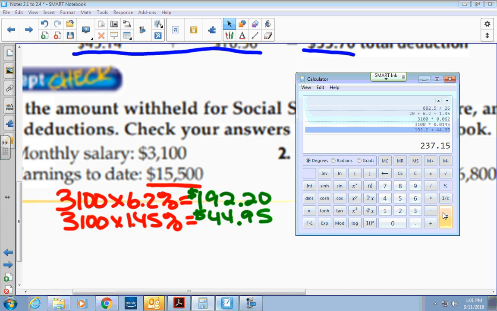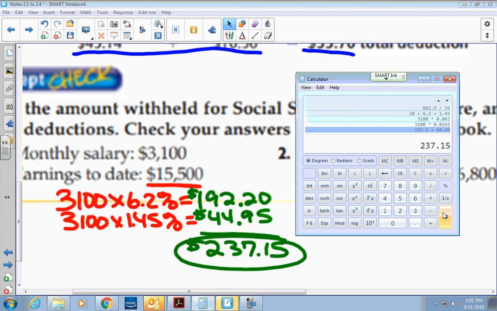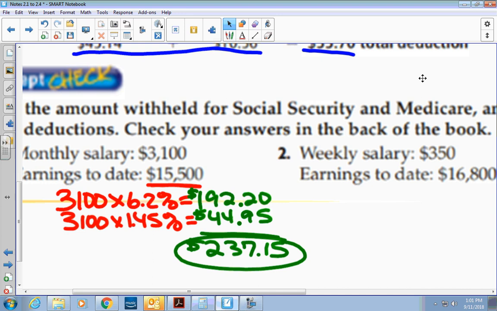Which is $237.15. And that comes out every month. I was just double checking to make sure they don't want me to do it for the year.